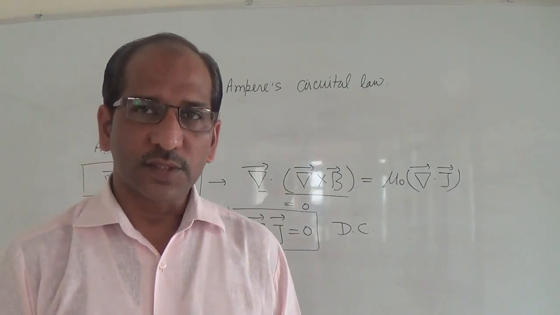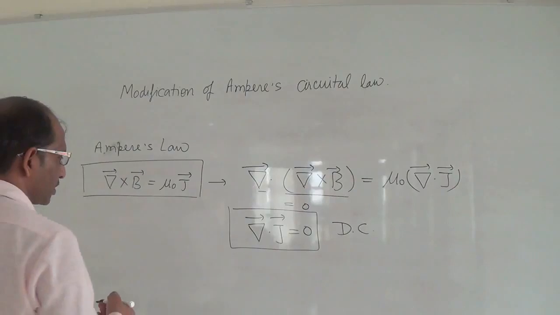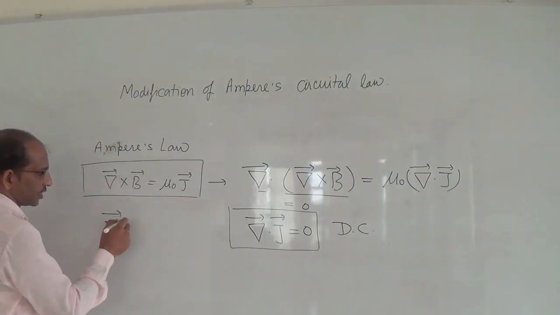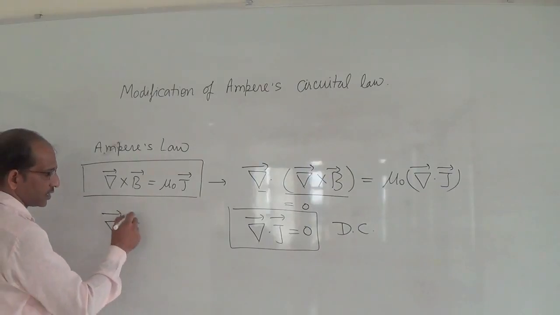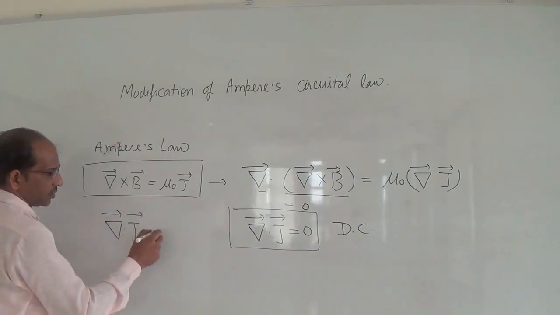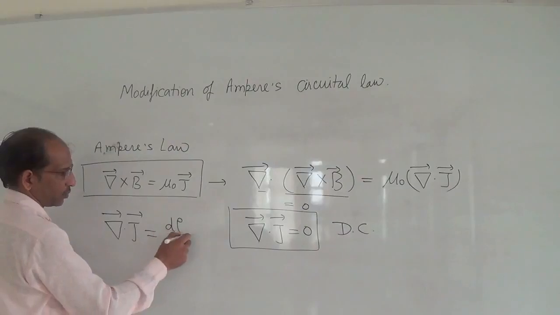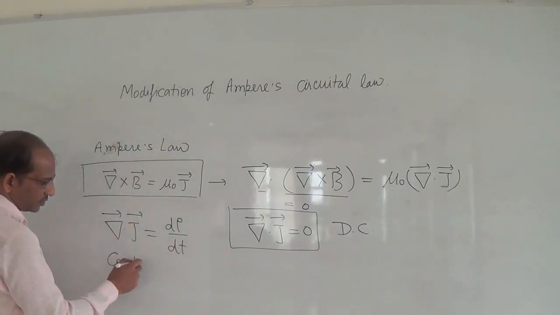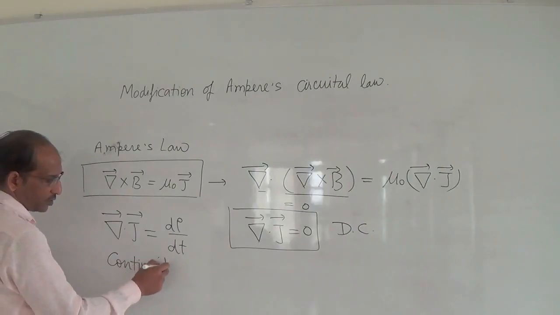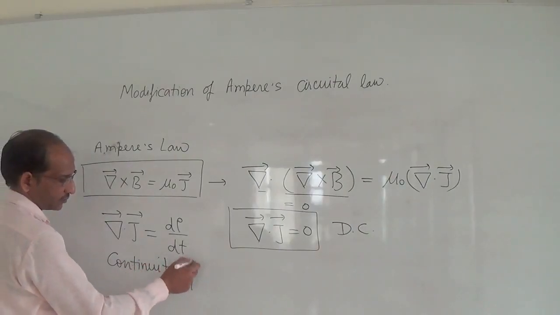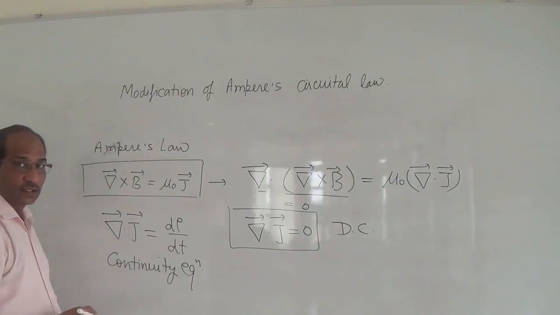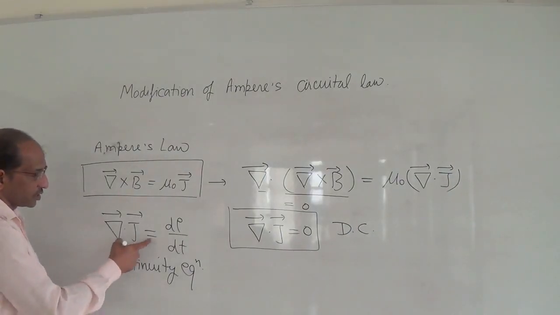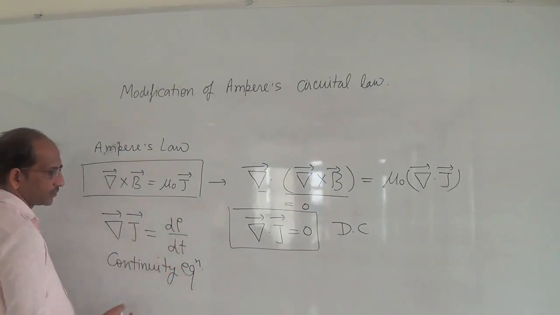The logic in favor of this statement is the continuity equation. In the continuity equation, del dot J is equal to d rho upon dt. This is our continuity equation, which explains charge conservation. Charge cannot be created or destroyed.